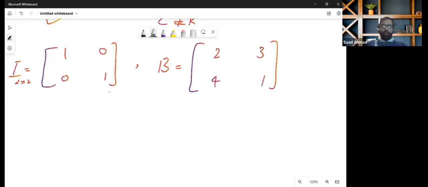Let's check. It is a 2 cross 2, and this is also a 2 cross 2, so the number of columns is the same as the number of rows, and we can multiply them. So let's try I times B. We can even just write it as I, B, which means they are getting multiplied.